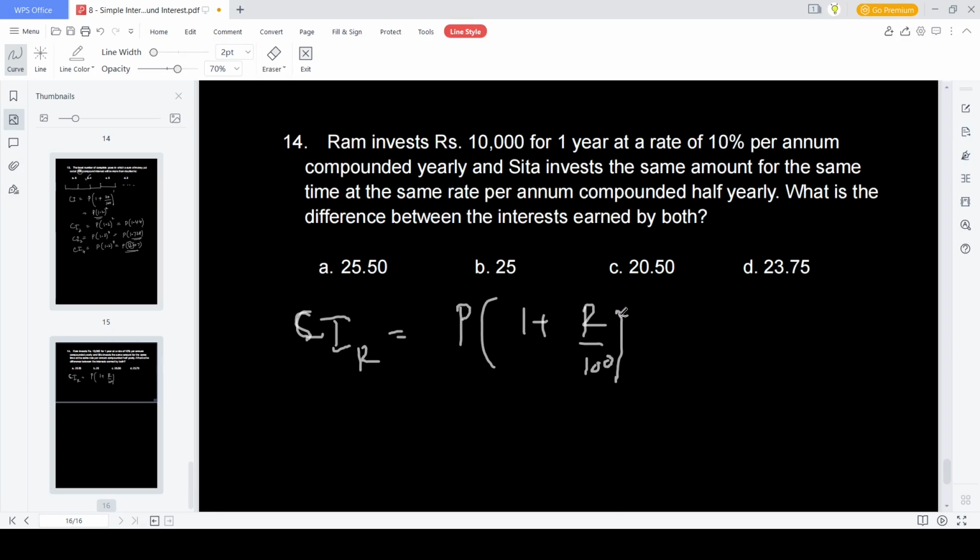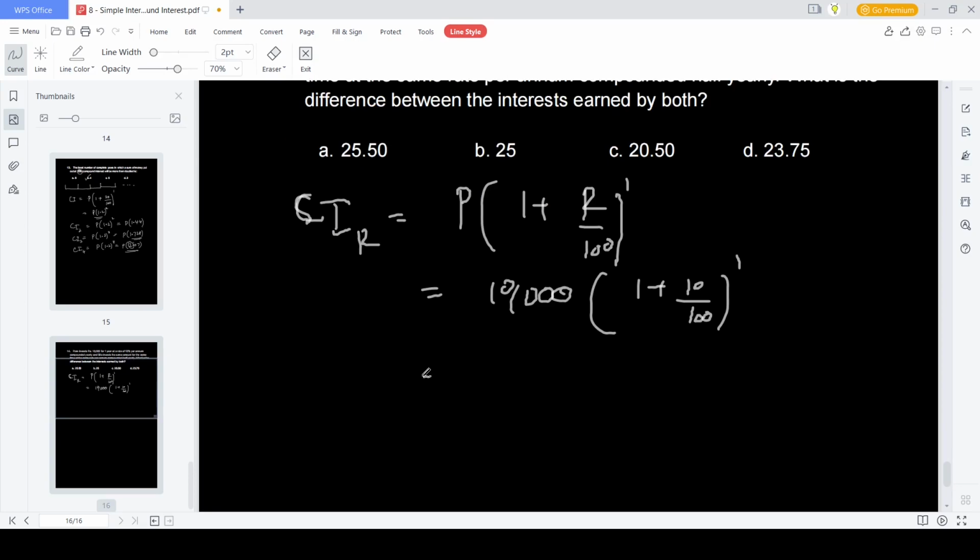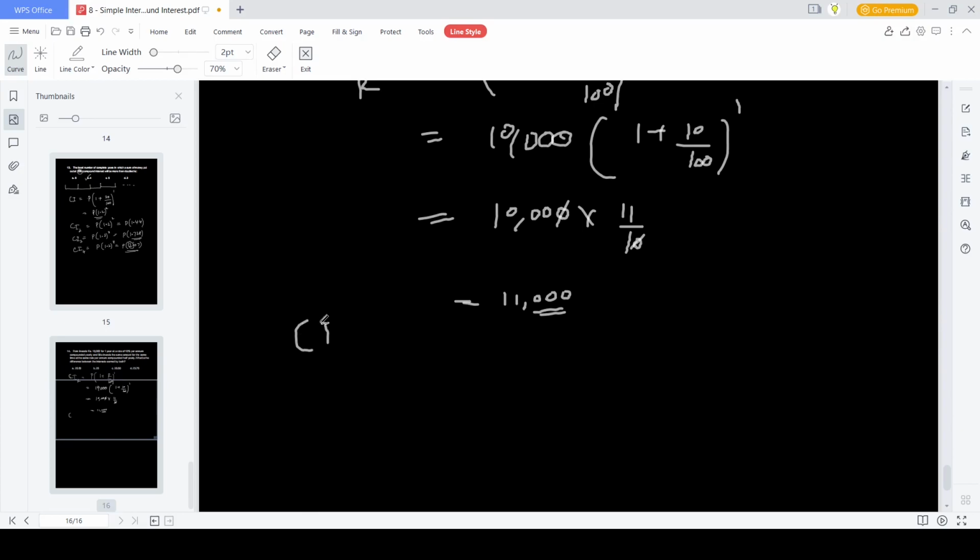At 10% for 1 year, this becomes 10,000 into (1 plus 10 by 100) to the power 1, which is 10,000 into 11 by 10. This becomes 11,000. So at the end of the first year, Ram will have 11,000 rupees.